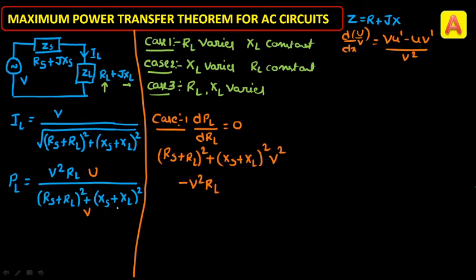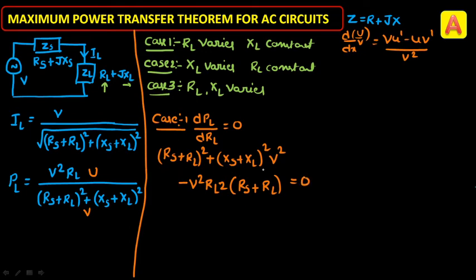V dash is 2 into (RS plus RL), the XS plus XL term becoming 0. Dividing by V square and shifting to the right hand side, it becomes 0.